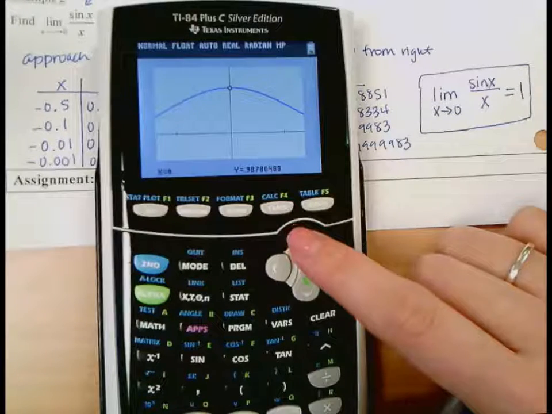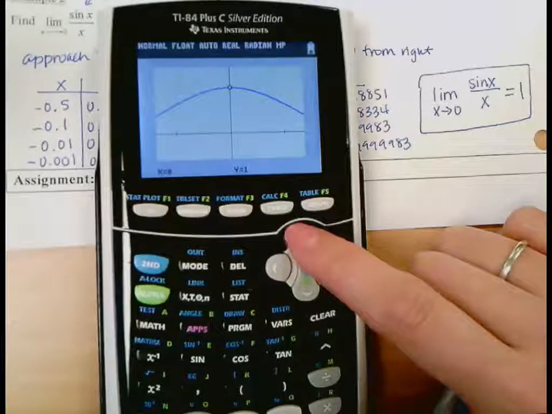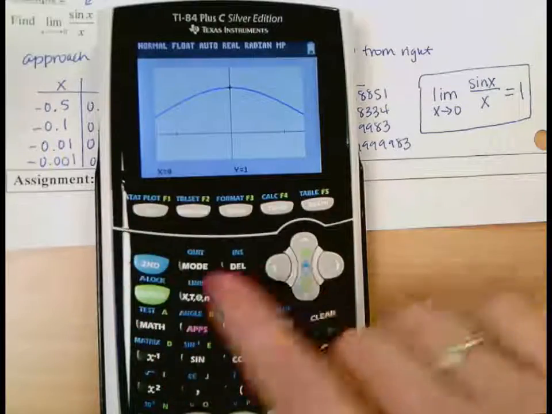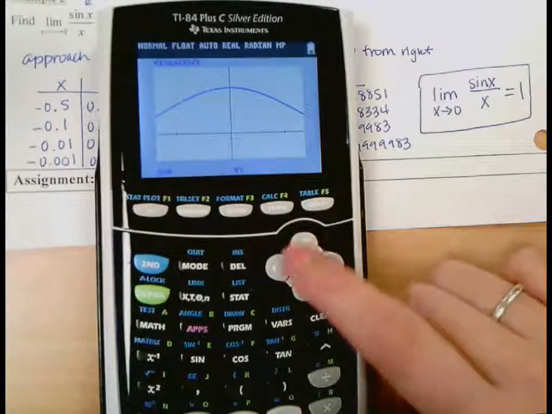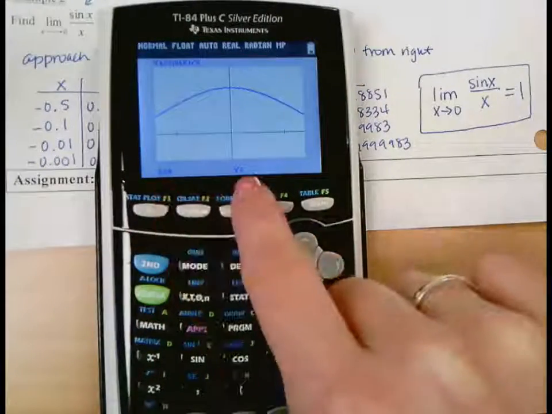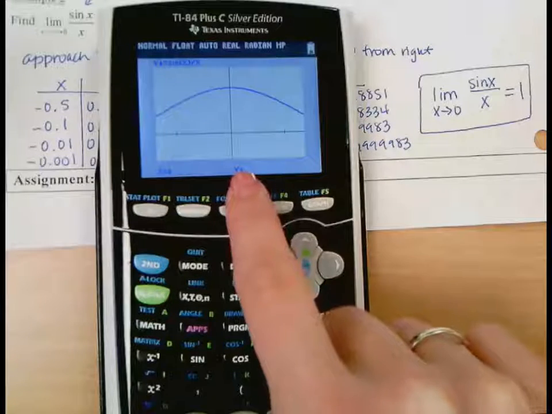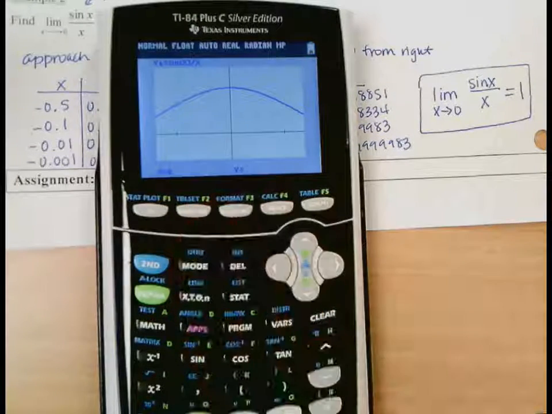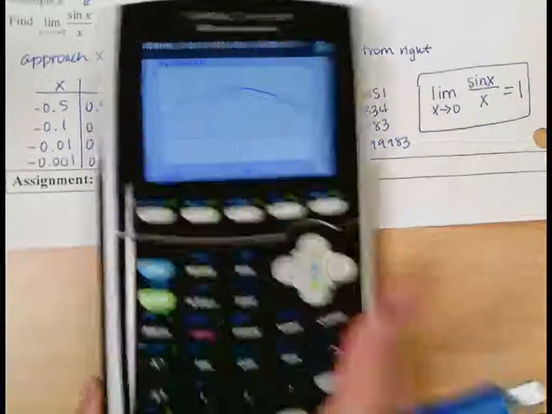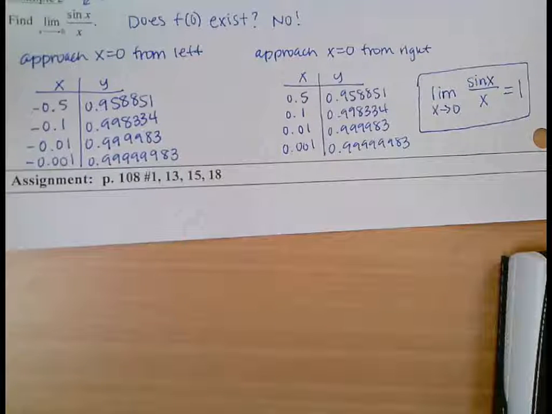If you trace it, oh yeah, so if x is 0, it doesn't give you a y value because there isn't one. So you have to actually hit trace. I was just moving my cursor before.